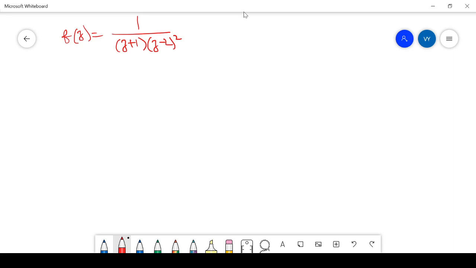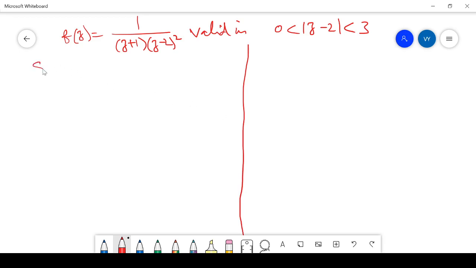So now what is the region that has to be taken for the expansion of f of z? As usual, what we do? You assume u is equal to z minus 2 or z is equal to u plus 2.